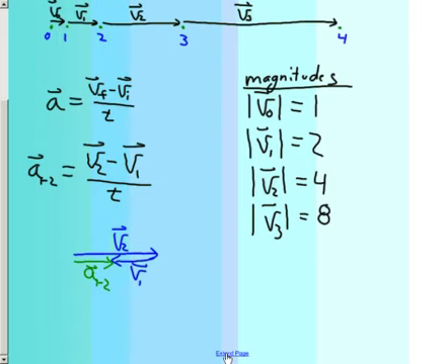And how long is it? Well, it's the length of v2, which is 4, minus the length of v1, which is 2, divided by the time. So if I go over here and I want to find the magnitude of my acceleration vector, it's going to be 4 minus 2 divided by the time.